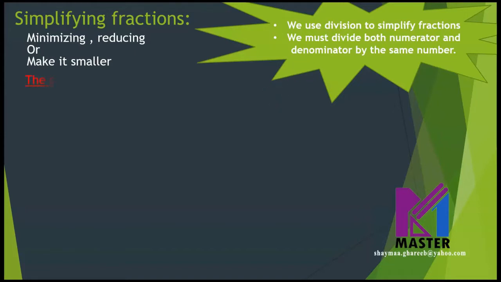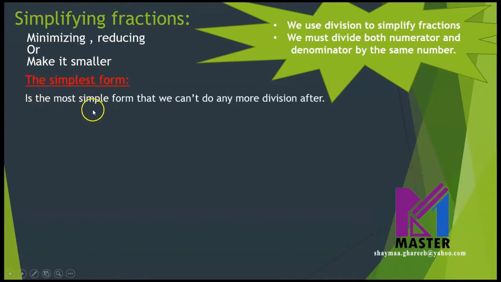We'll see by examples. What about the simplest form? The simplest form is the most simple form, where we cannot do any more division. So we're going to keep dividing until we reach the simplest form, and we'll see by examples later. We can find the simplest form using one step or more than one step.